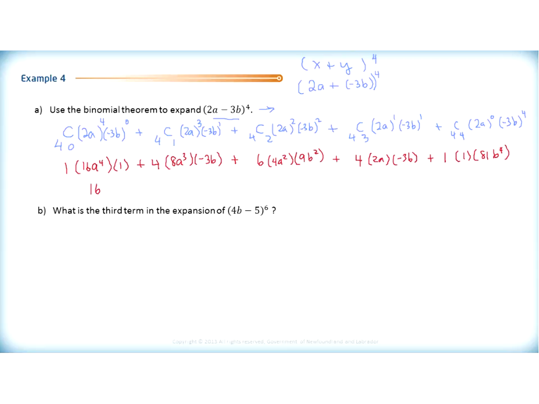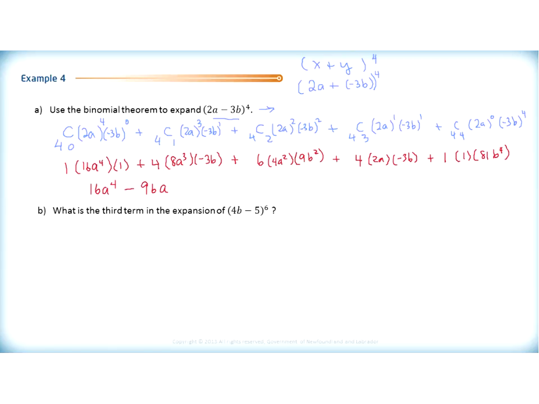I got 16a to the 4 plus, oh, it's actually a minus, isn't it? I got 8 times 4 times a negative 3b times, of course, my a cubed. So let's just get my numbers here. 4 times 8 times a negative 3, and I get a negative 96.